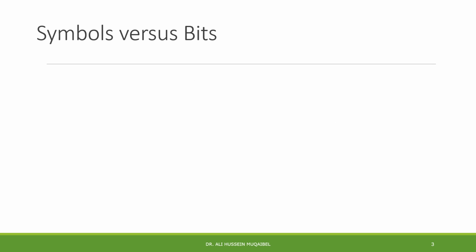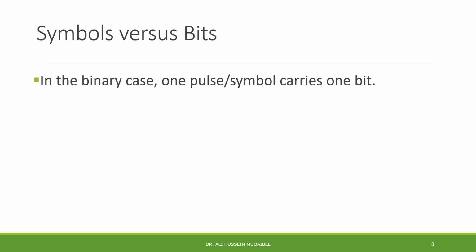Now let's try to understand the difference between symbols and bits. In the binary case, we transmit one of two possibilities. So either, for example, the following symbol, positive, or the following symbol. We have only one of two symbols to transmit. This is called binary. So every pulse here, or every symbol, carries one bit, either 0 or 1.